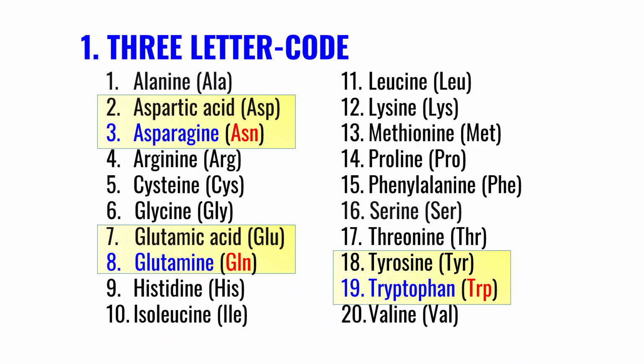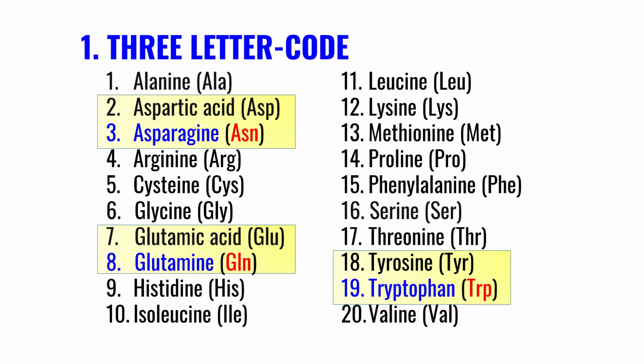The last pair is tyrosine and tryptophan. In these two cases, although the first three letters are different, TYR and TRY are very similar and confusing. Therefore, to avoid confusion, tryptophan has been assigned TRP, whereas tyrosine has been assigned TYR.